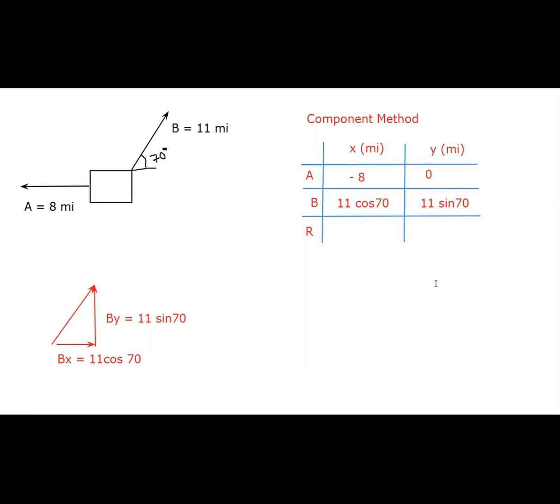Now we want to add these together. And we get -4.24 for Rx. And Ry is 10.34.